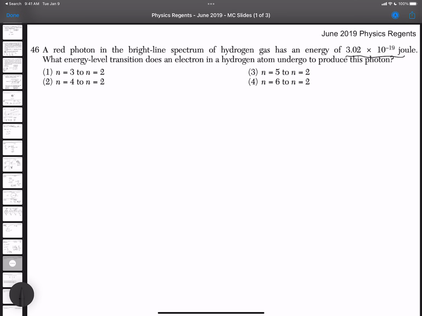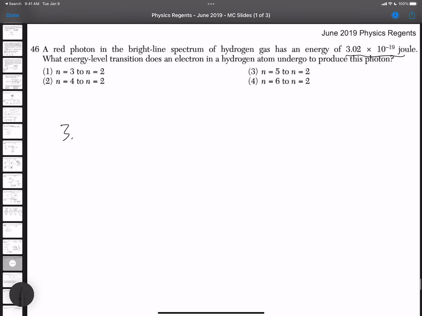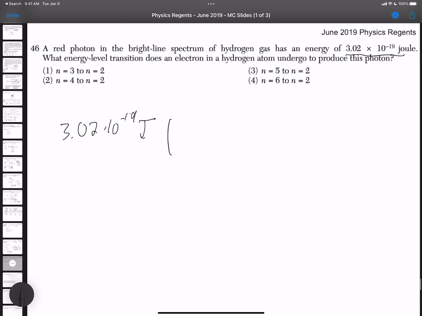Before we can use the chart on page 3 of the reference table, because that chart is in electron volts, we have to take our 3.02 times 10 to the negative 19 joules and convert it into electron volts. Well, to do that, we're going to multiply by the fact that 1 electron volt is equal to 1.6 times 10 to the negative 19 joules. In essence, we're going to divide.